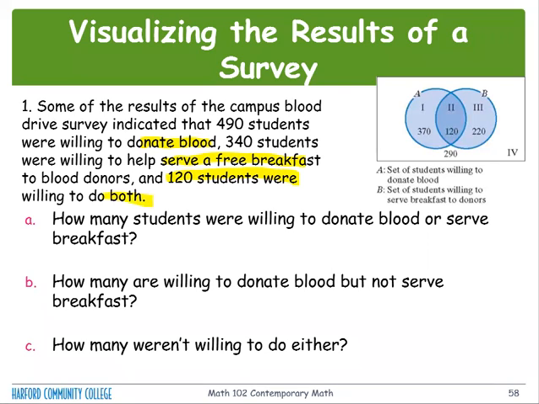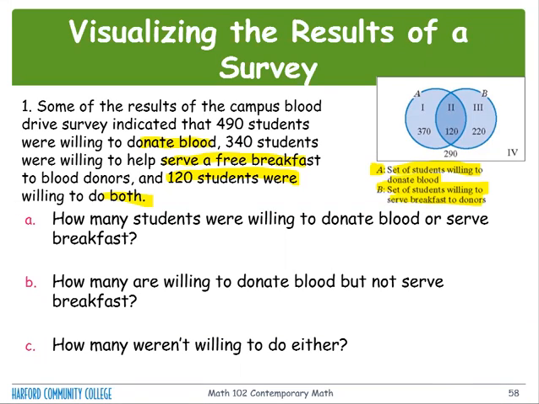As you see in the Venn diagram provided, this is a completed diagram, and I'll explain in a little bit. As we define the sets, let set A be the set of students willing to donate blood, and set B the set of students willing to serve breakfast to donors. So this part is defining the sets.